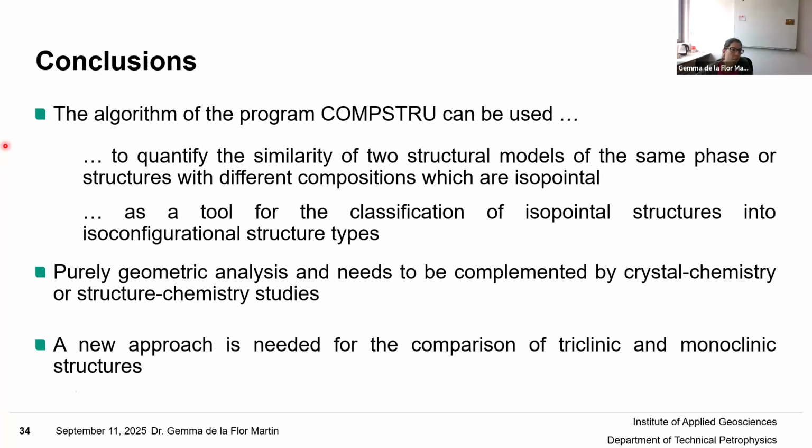This method is a pure geometric analysis and needs to be complemented by crystal chemistry studies to decide whether your structures are similar or not based on the calculations of the program COMPSTRU. Then the method on which COMPSTRU is based has its limitations, and for triclinic and monoclinic structures, a new approach is still required, and we are trying to work on this.